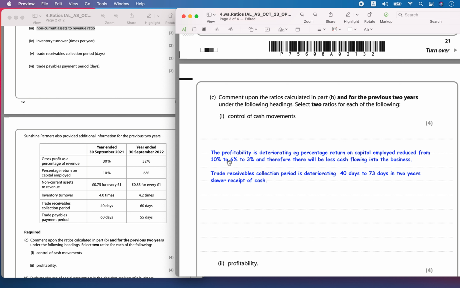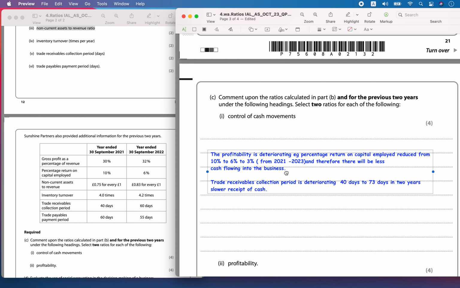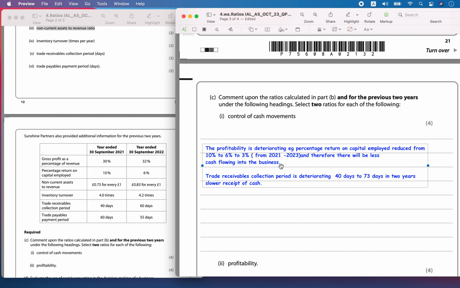So it is deteriorating, because ROCE has gone down from 10% to 6% to 3% now. You can mention the years if you want, from 2021 to 2023, which means that there will be less cash flowing into the business, right? So the profitability has reduced, so less cash available in the business for future investments.